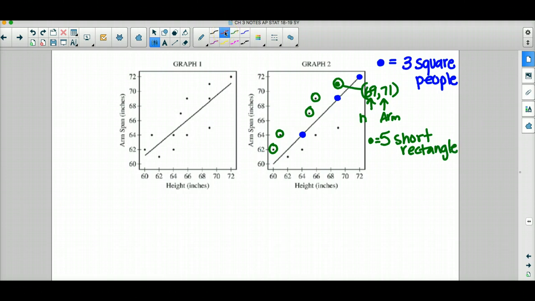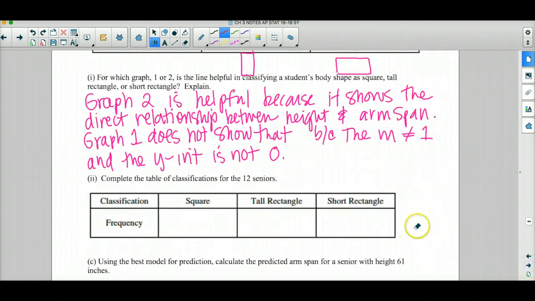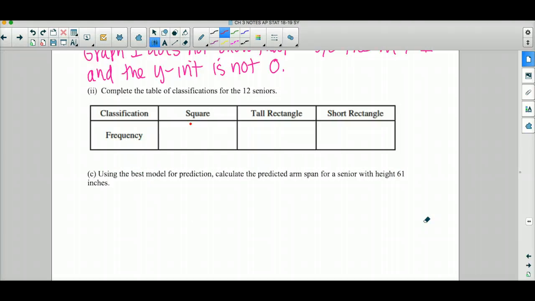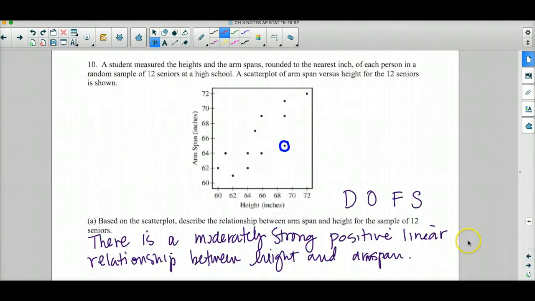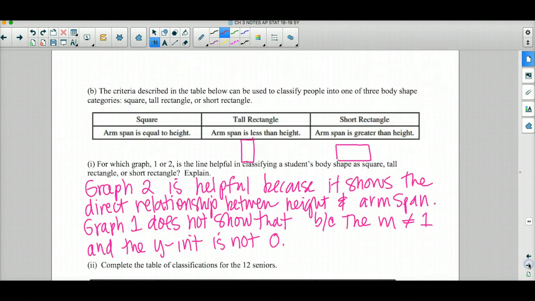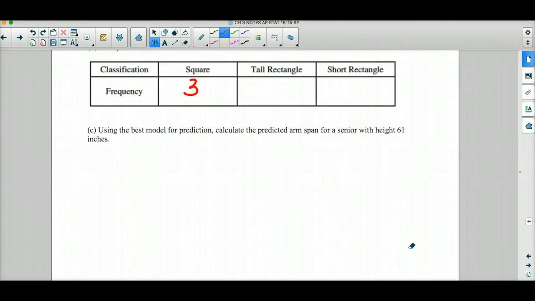And then I have these dots, and these 4 people would then have to be tall rectangles. So there are 3 square. There are 5 short, right? Yep, 5 short. And there are 4 tall.